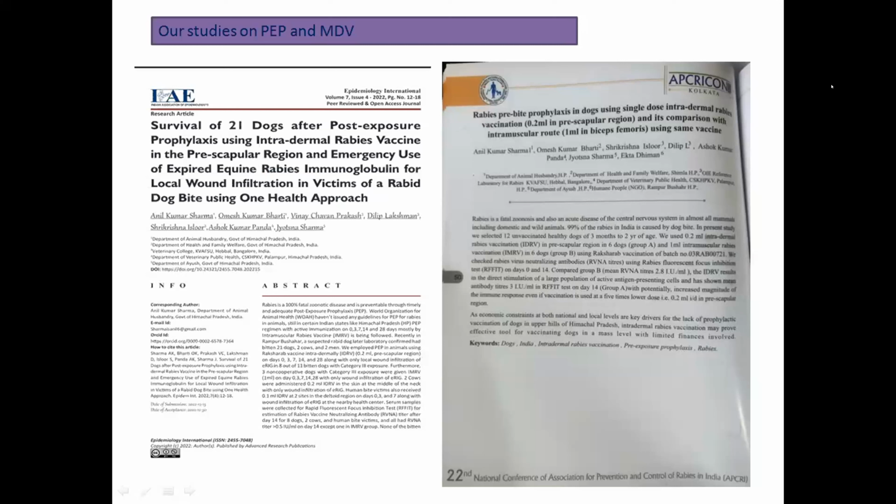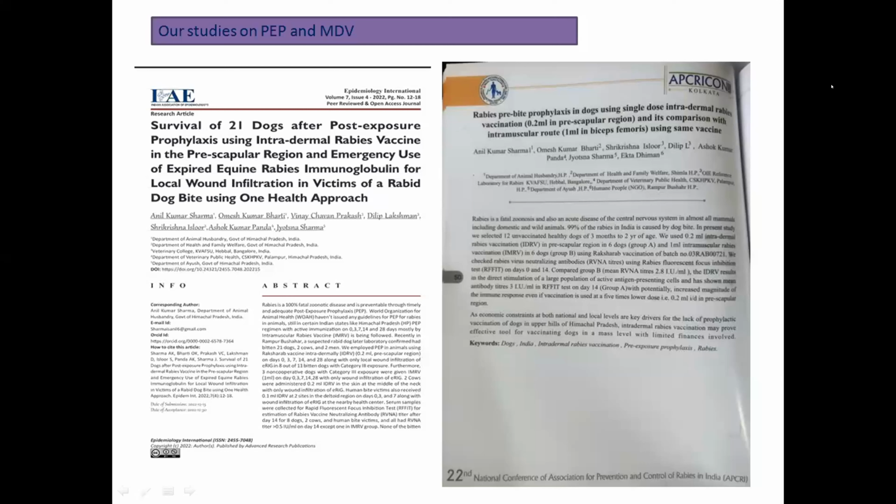We tested this immunoglobulin in the lab, in the WOAH reference lab, Dr. Stu's lab, and it was found to be 300 IU even after expiry. So we can even use expired ERIG, or we can dilute it 50 times. We diluted the ERIG 50 times, which comes to 6 IU, and even that gave the protective response, and all the animals injected with the diluted RIG were saved.